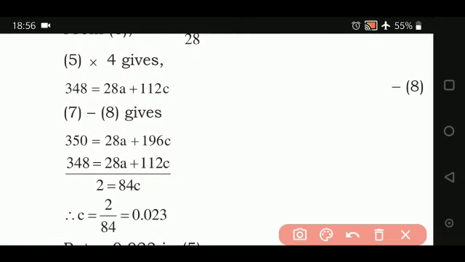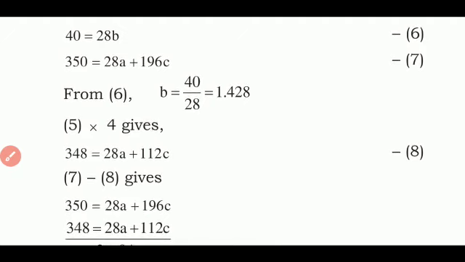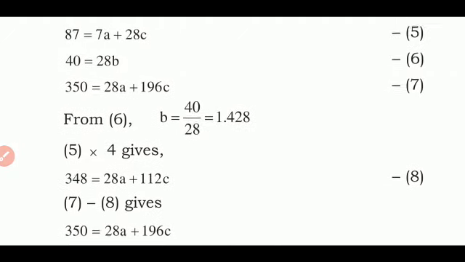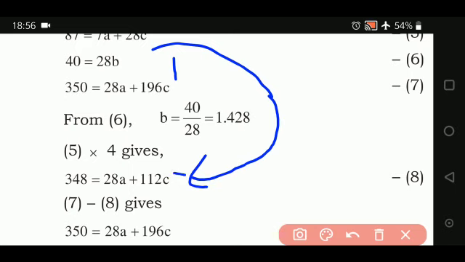What they have done in these simultaneous equations is make the numerical coefficient of a the same. There it's 1. So 350 is equal to 28a plus 196c. Then this particular equation, they have multiplied by 4, and you get this answer.